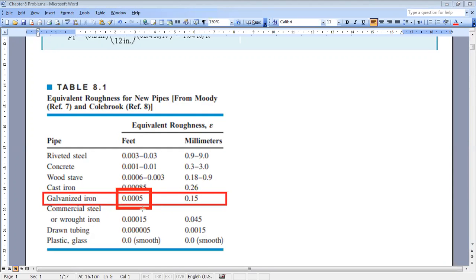Okay, so I know now epsilon and the diameter is given, so I can calculate in my problem what is epsilon over d. So at least I know the first parameter, okay? Epsilon over d is equal to 0.0005 over the diameter, which is, I think it's given as, let me check.